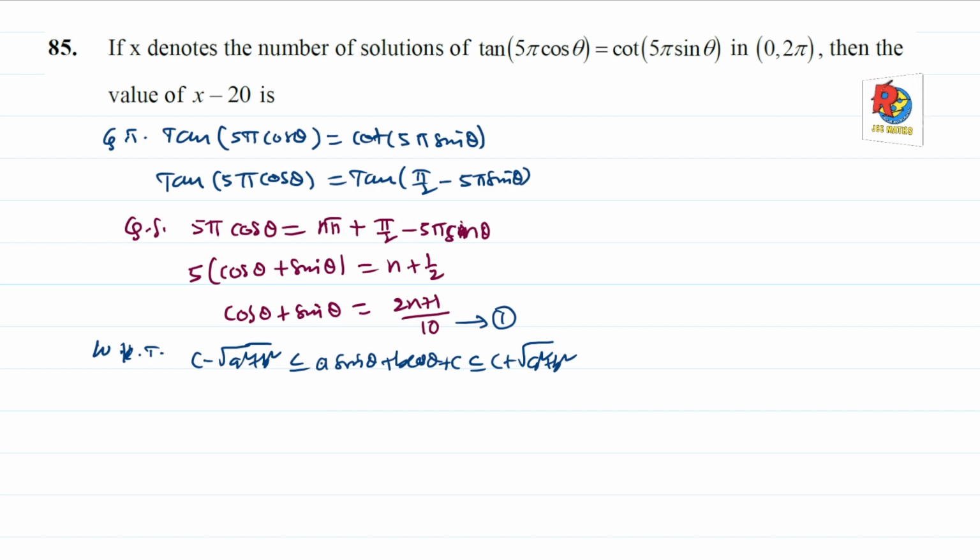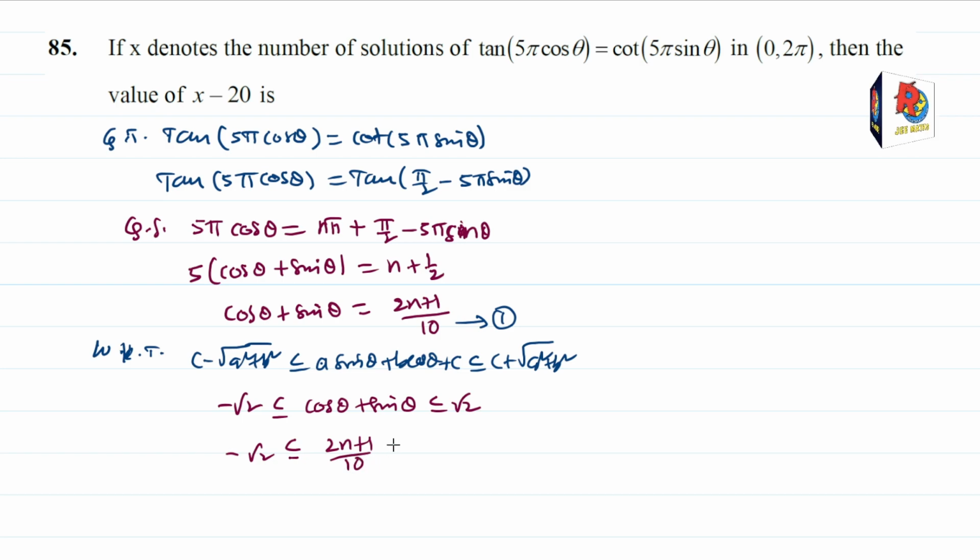If I substitute those values, here you can observe this. It will be minus root 2 less than or equals to cos theta plus sin theta is less than or equals to root 2. But from 1, cos theta plus sin theta value is (2n plus 1) by 10. So we need to multiply with 10.